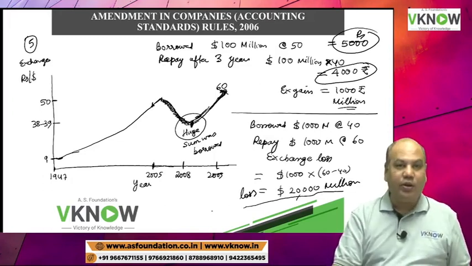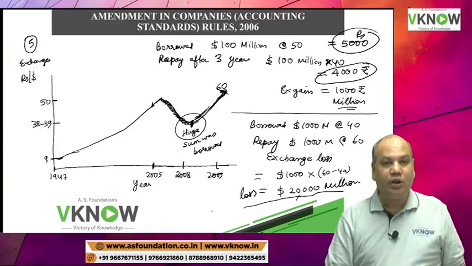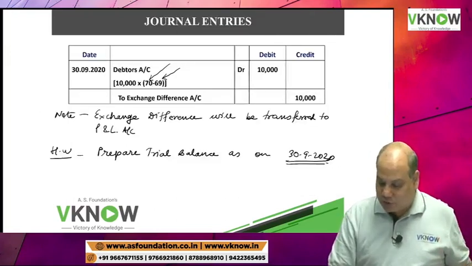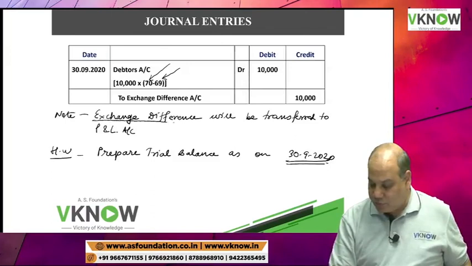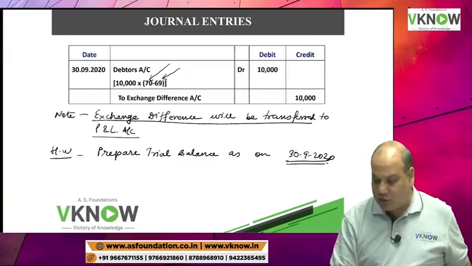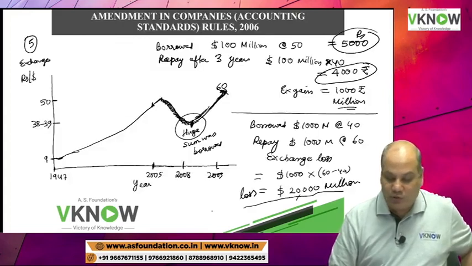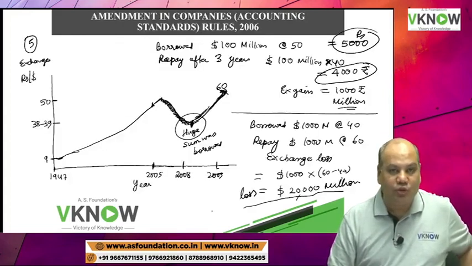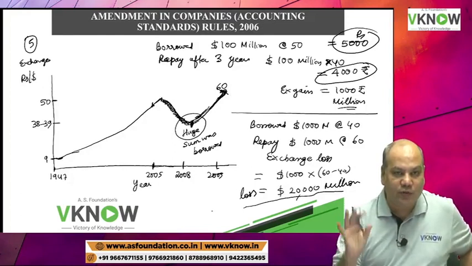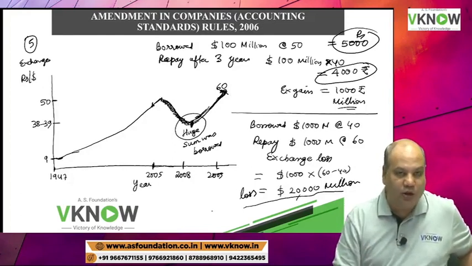And what is the treatment of exchange differences? See the previous question. It says exchange difference will be transferred to P&L account. The accounting standard at that time said all exchange difference will be transferred to P&L account.